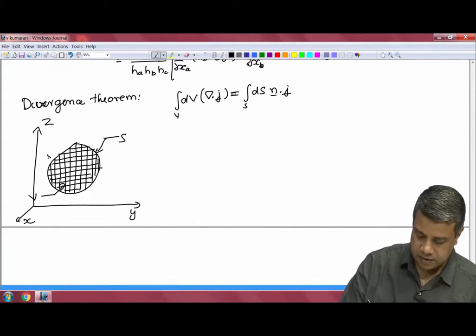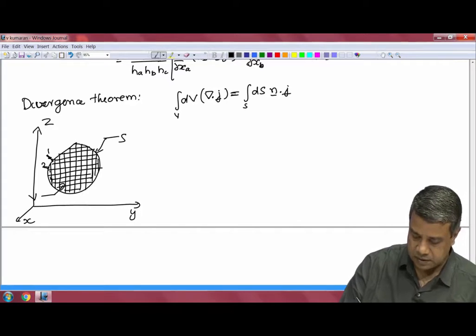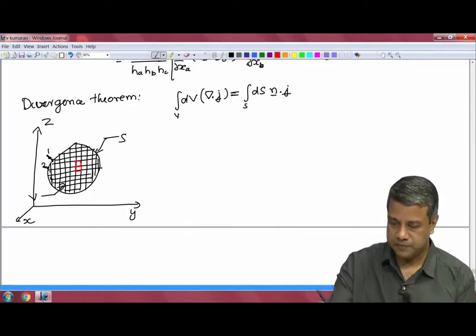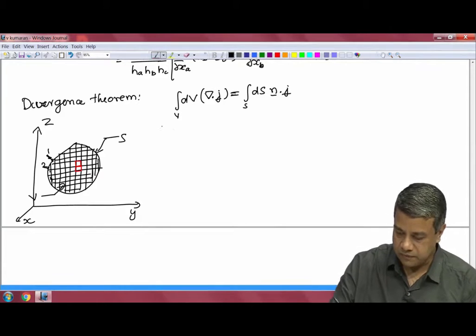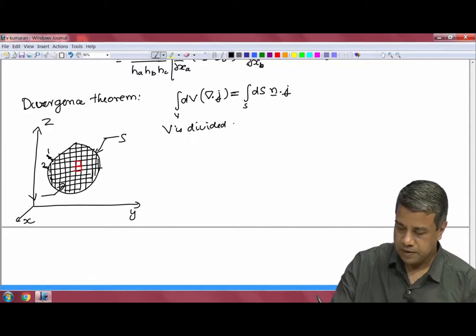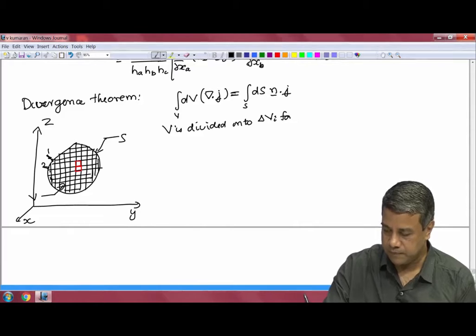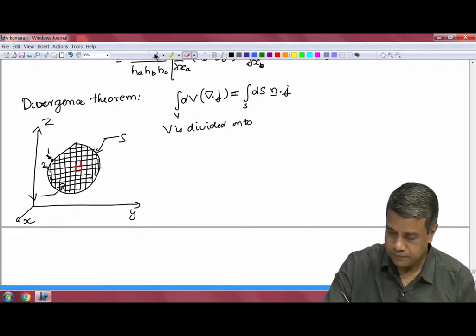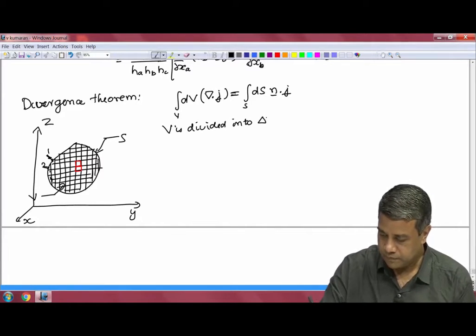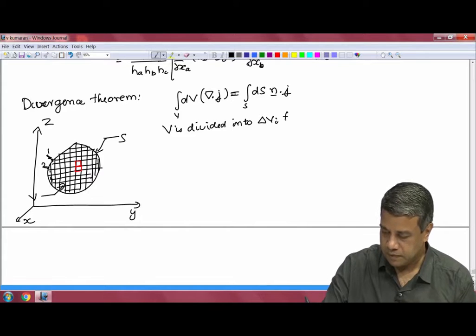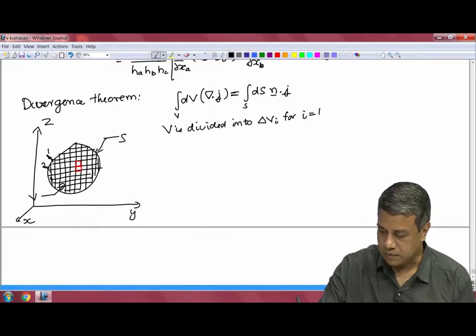I can label them with index 1, 2, etc. Two typical volumes that I will take are volume i and i plus 1. So, this total volume V is divided into delta V i for i equal to 1 to n.